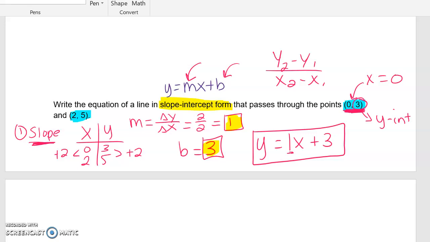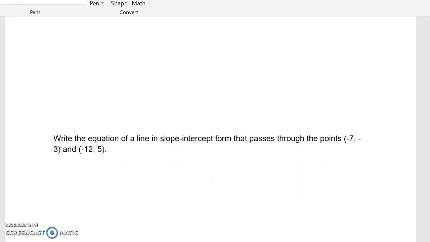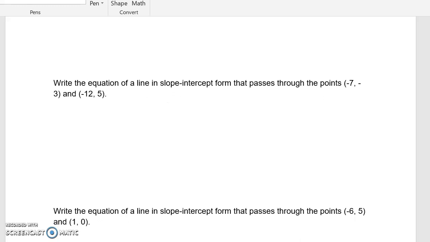All right, so we could just take that 3 and input it into our equation. However, if we scroll down to this next problem, notice how my points here, -7, -3, and -12, 5, I don't have a value where x is equal to 0. So that's going to make us do an additional step. All right, and we'll talk about that as we go.